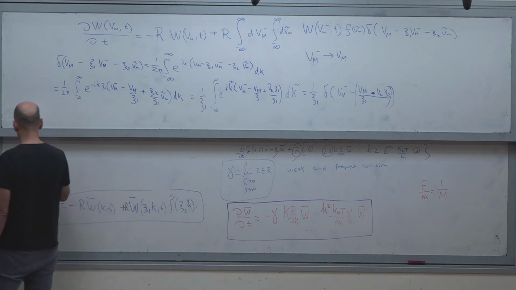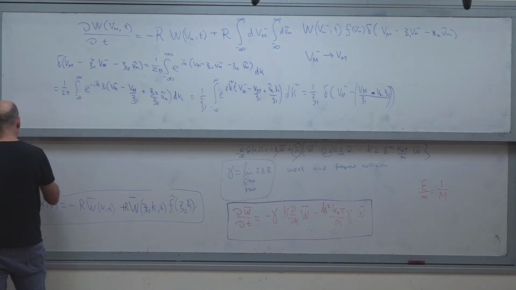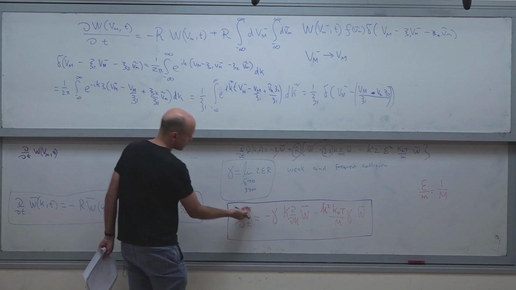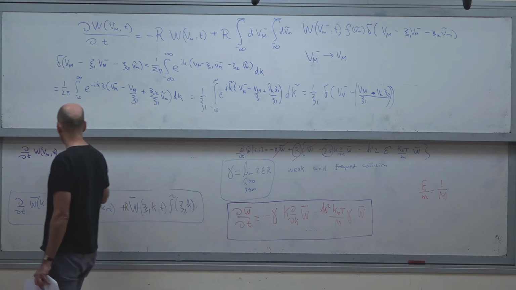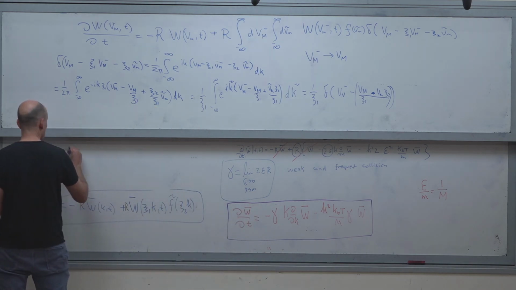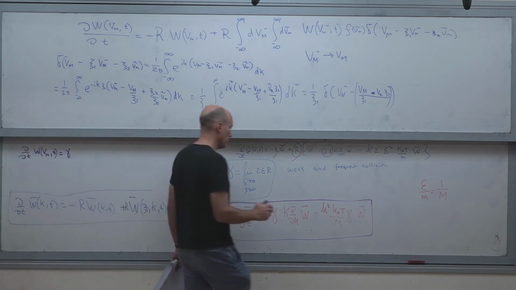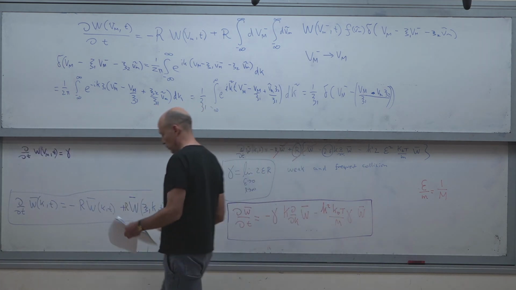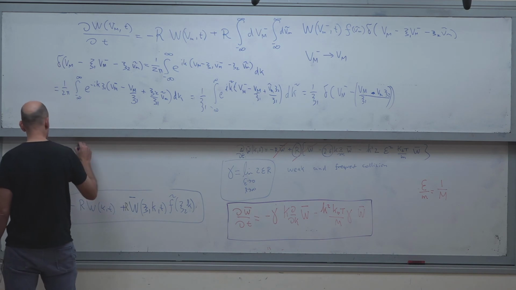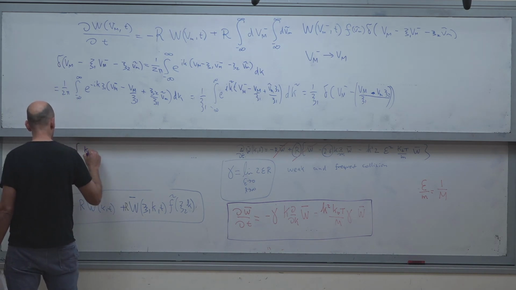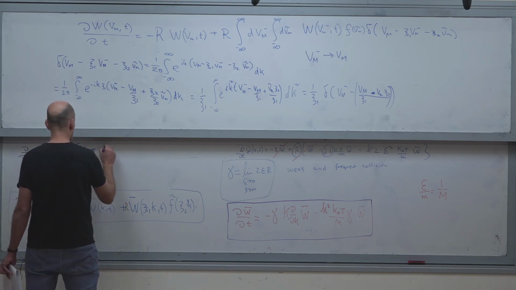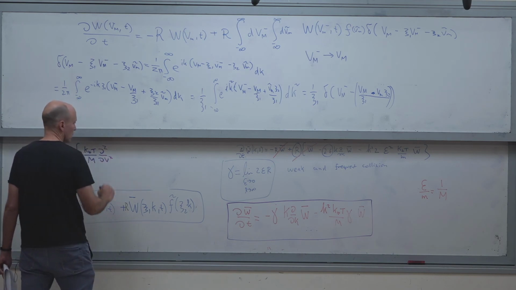So I have here d over dt, w without a bar now. Now I'm in velocity, v, m, t. That's simply the inverse Fourier transform of this thing, equal to gamma. I'm going to use this term first, k Boltzmann T over m, times the second derivative of velocity.